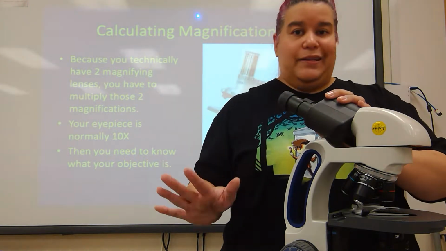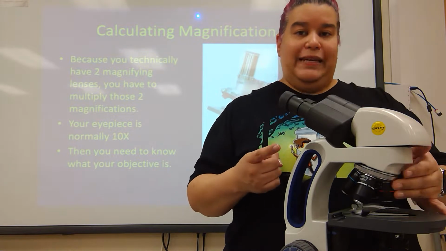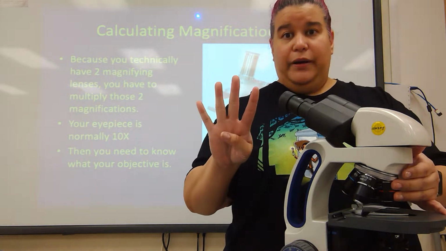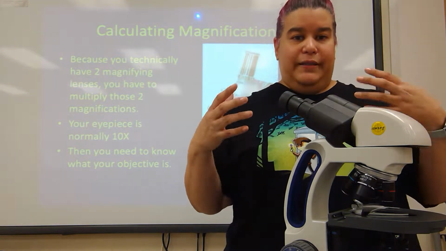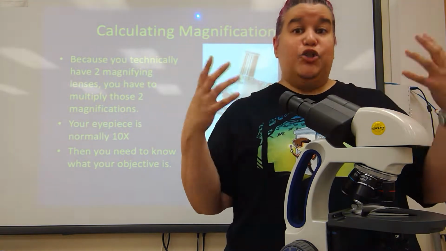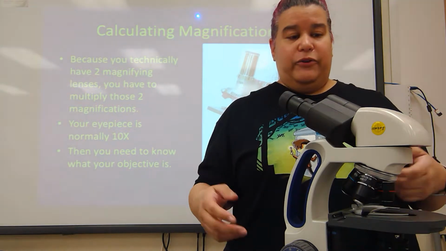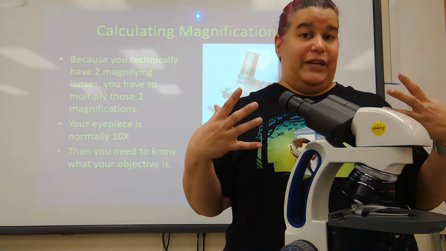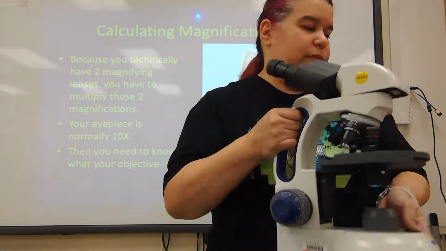Standard is 10x, 10 times what your naked eye can see. So you're seeing an image that is 4 times bigger, magnified by 10 times. So you've got two magnifications happening. This is one of the reasons why we call it a compound microscope, because you're compounding the magnification effect.